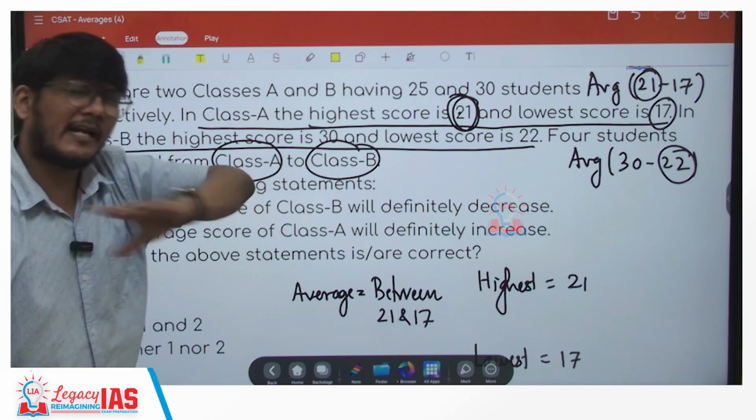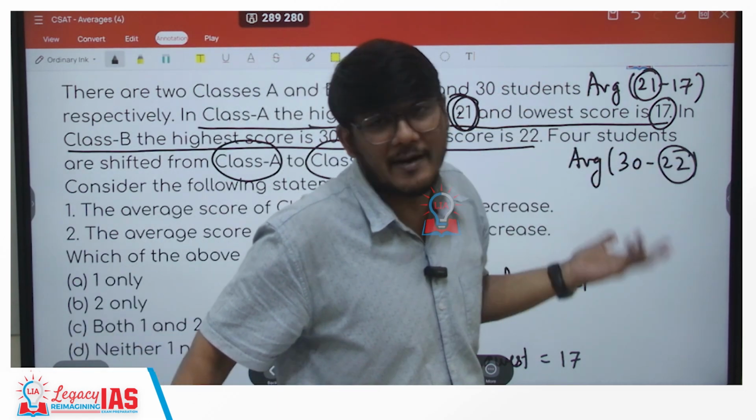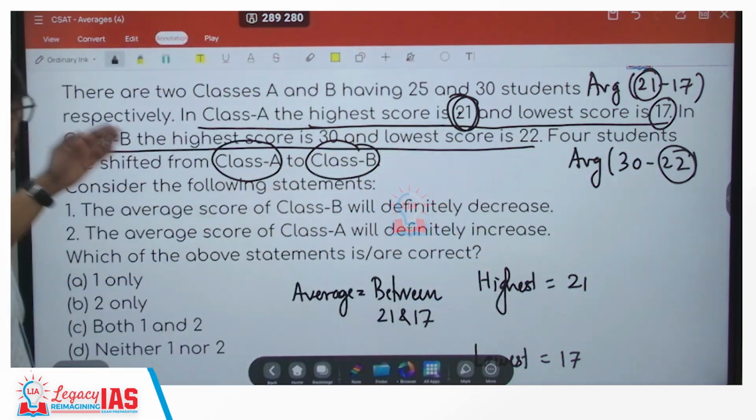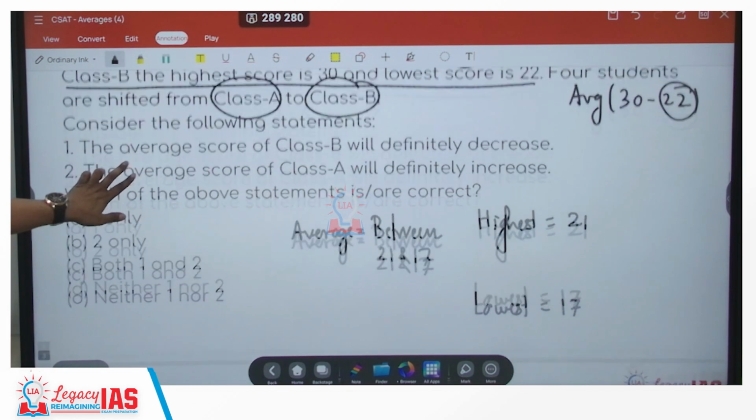So it does not matter if you transfer a student with 21 marks or 17 marks. Any student you transfer, class B's average will go down. So let us see the options.